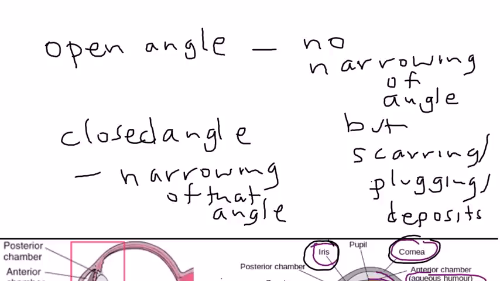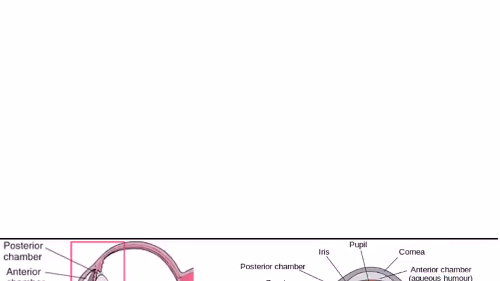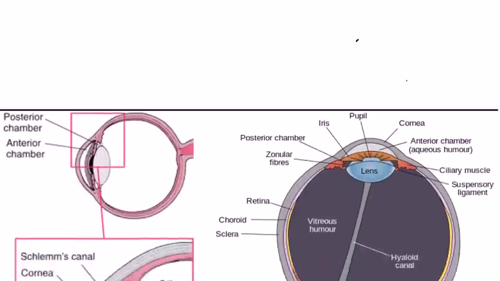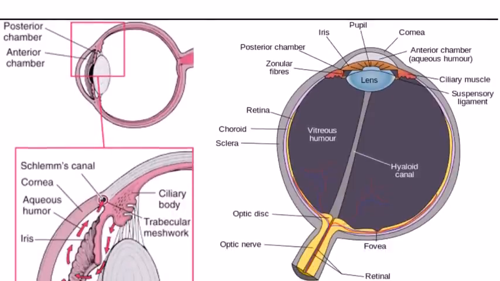So that's just the difference between open and closed. And so why does this happen? I touched on this just a little bit. One of the biggest reasons is that as a person ages, this lens grows in size, and as it grows in size, it pushes the iris upward, and as the iris goes upward, that angle between the cornea and the iris gets narrowed, and that causes this obstruction of the outflow of the aqueous humor.